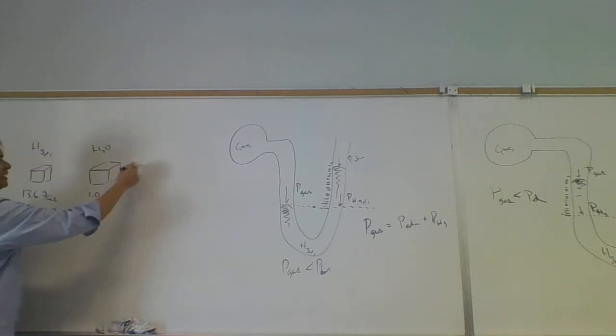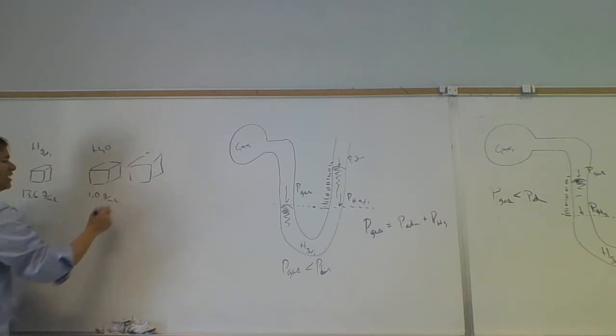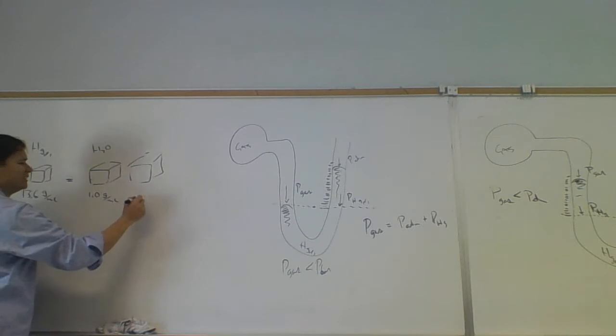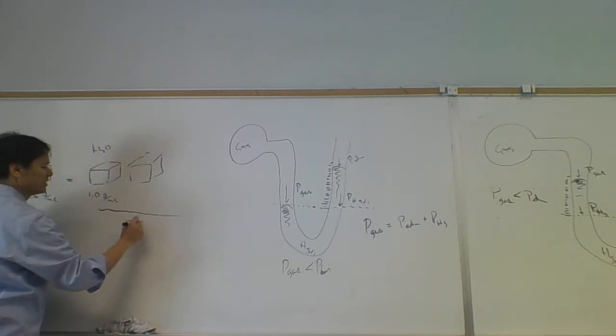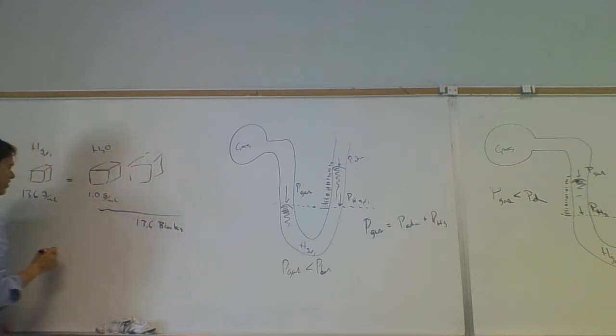And so I would need 13.6 of these to equal 1. And so if I make these equal, then a total of 13.6 blocks equals 1 block of mercury. Does that make sense?